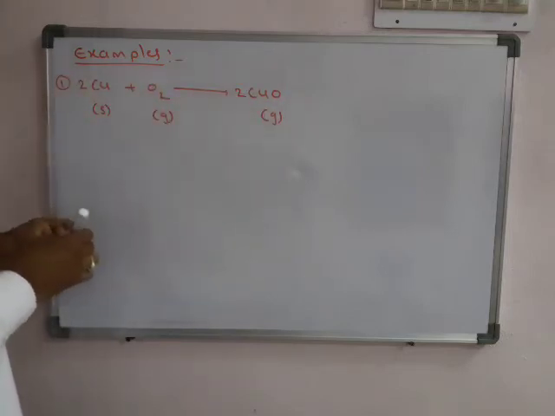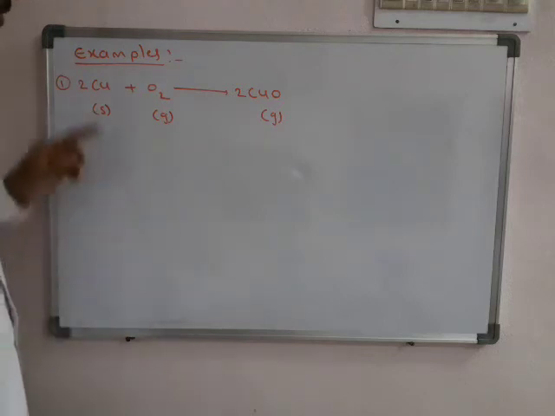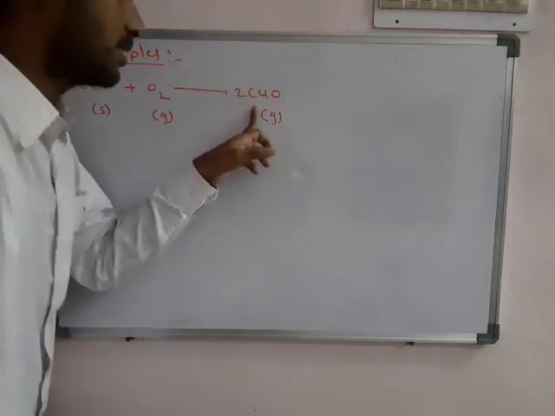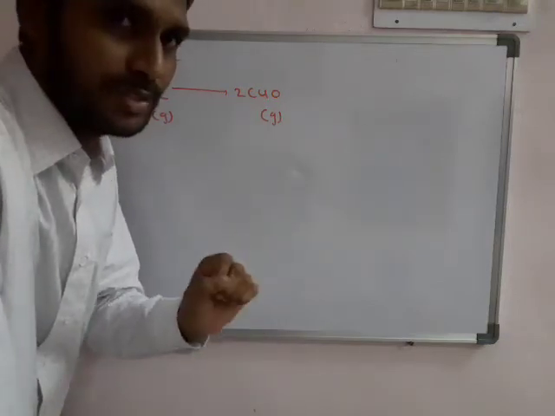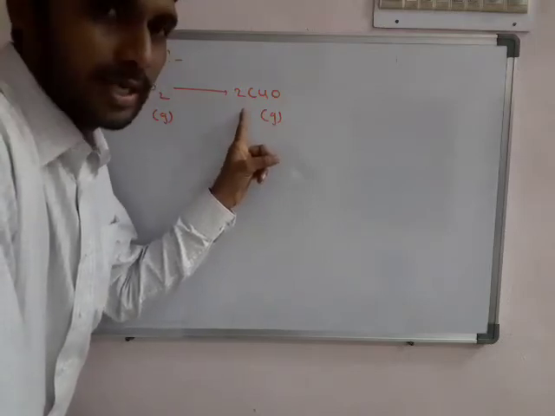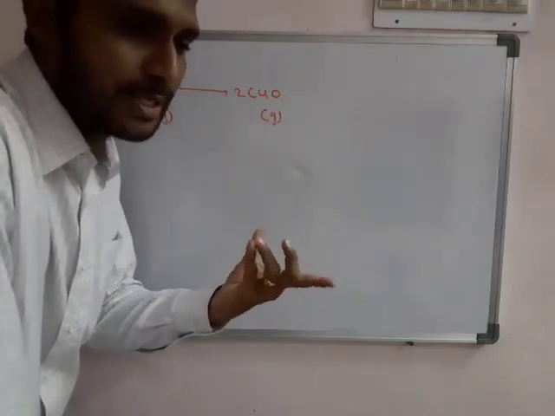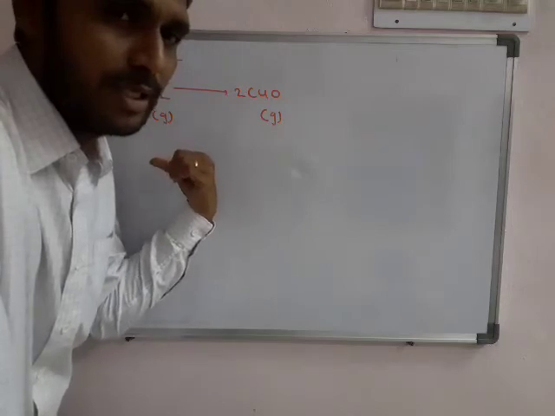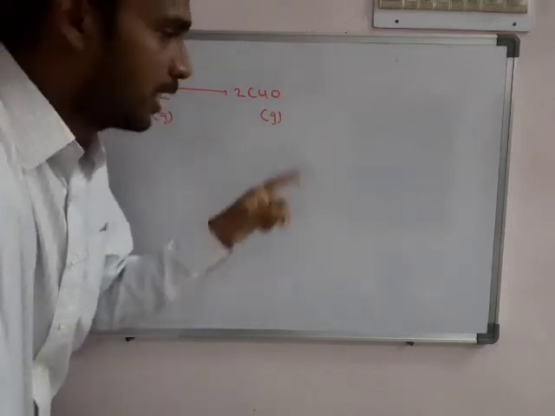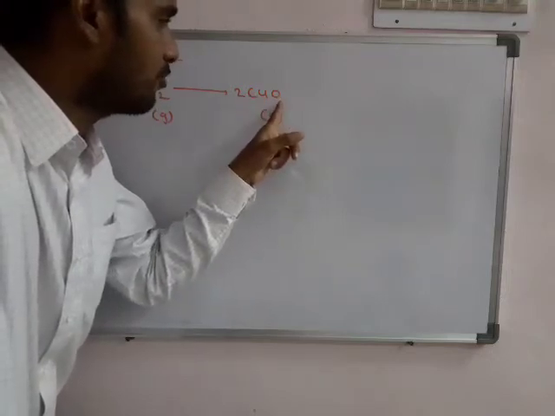So here, observe which is oxidized. Copper without oxygen is combining with oxygen. Copper becomes cupric oxide. First, copper has no oxygens attached to it. Here, one copper has one oxygen attached.